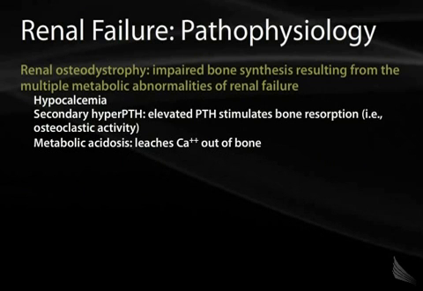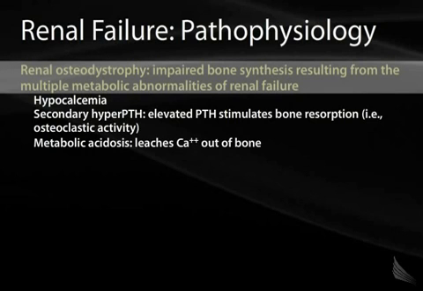While the first effect is to maintain calcium concentration, the long-term effects are quite damaging. Specifically, PTH acts directly on the bone and increases osteoclast activity. The result is known as renal osteodystrophy, where there is both increased cortical bone loss and impaired bone synthesis.